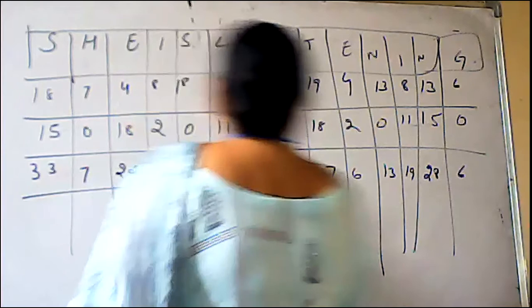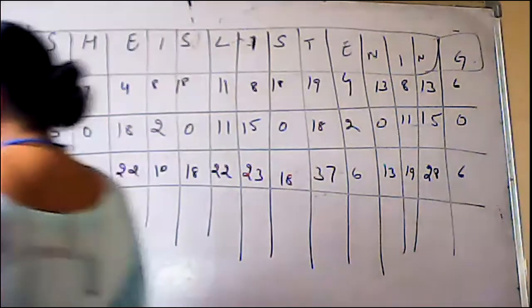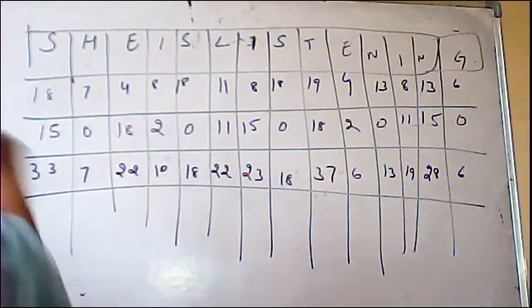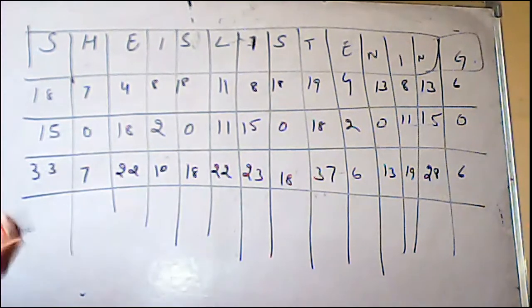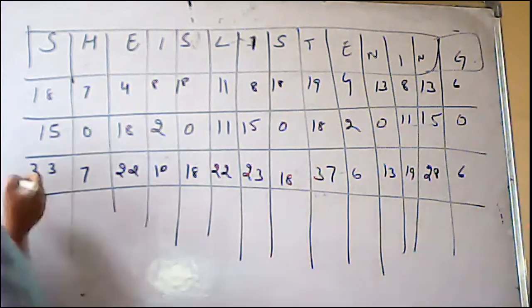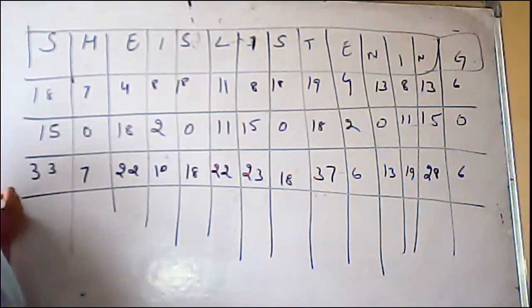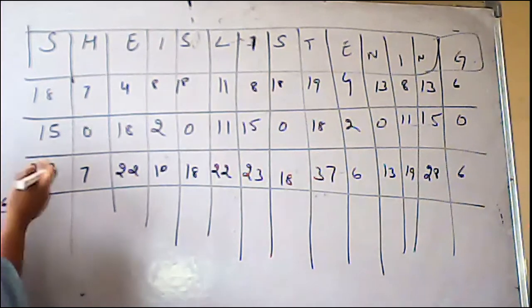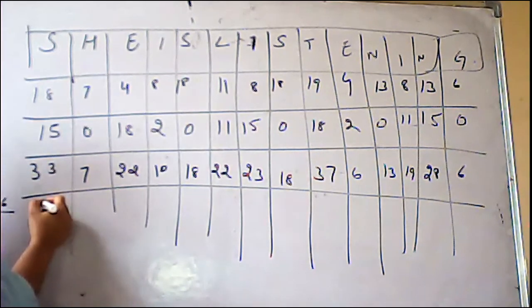Now, what we will be doing, wherever the value is greater than 26, subtract 26 from it. Subtract 26 from it. Fine. You will get 33 minus 26, you will get 7.